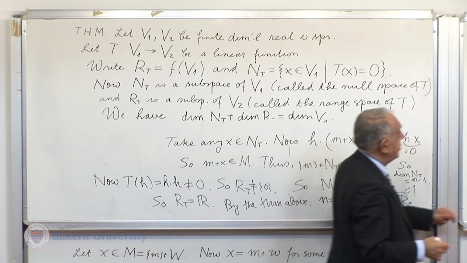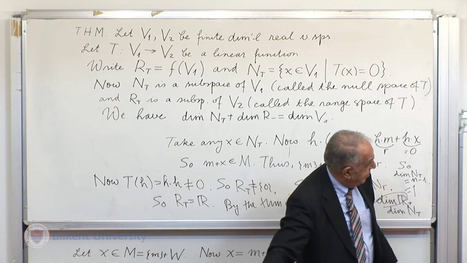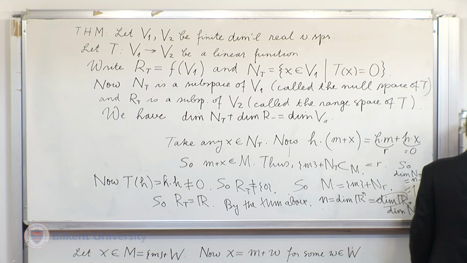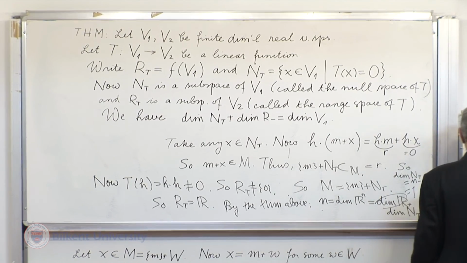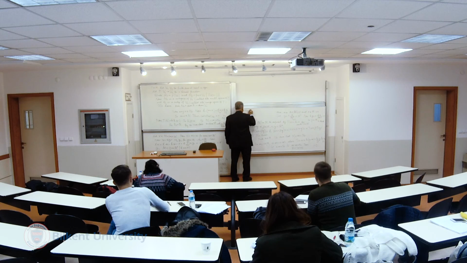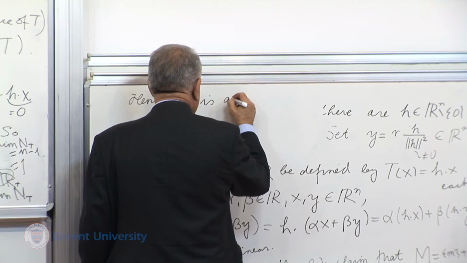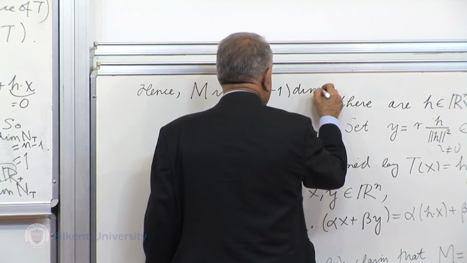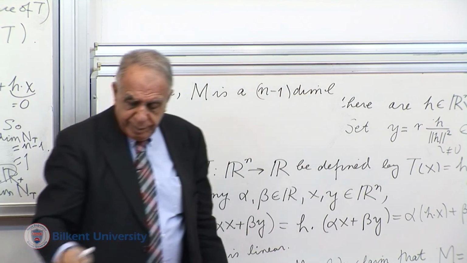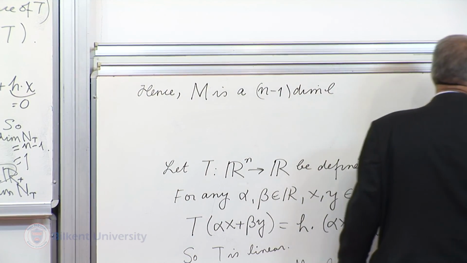Hence, let me just write here. M is an n minus 1 dimensional affine subspace of Rn, that is a hyperplane.